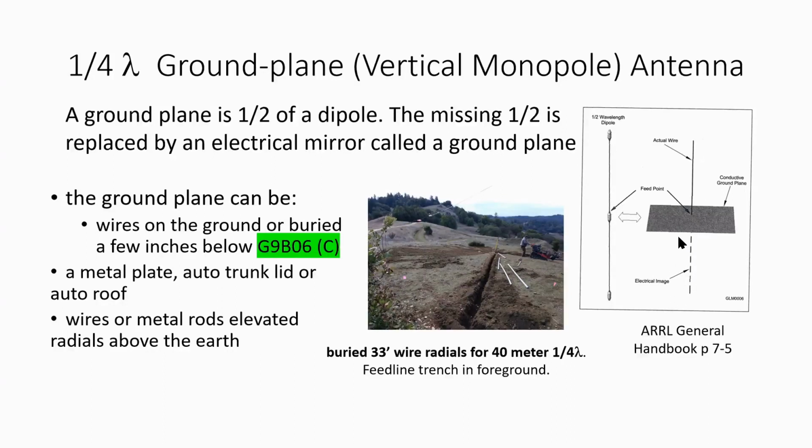So in this case, the Earth or some other form of ground plane takes the place of that other half of the dipole. In this illustration here, which mirrors one of the answers to one of the questions, a ground plane can be wired on the ground or buried a few inches below.